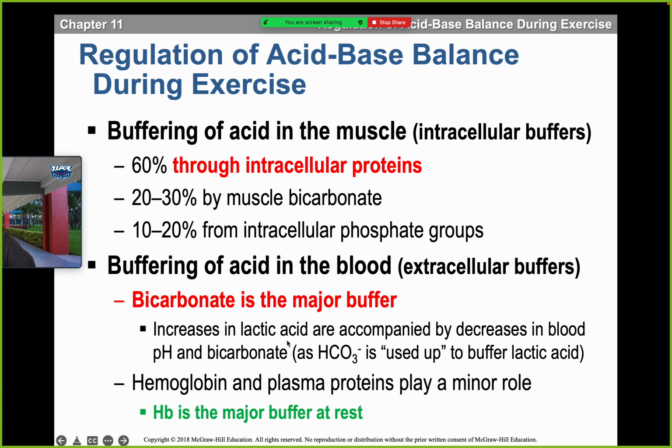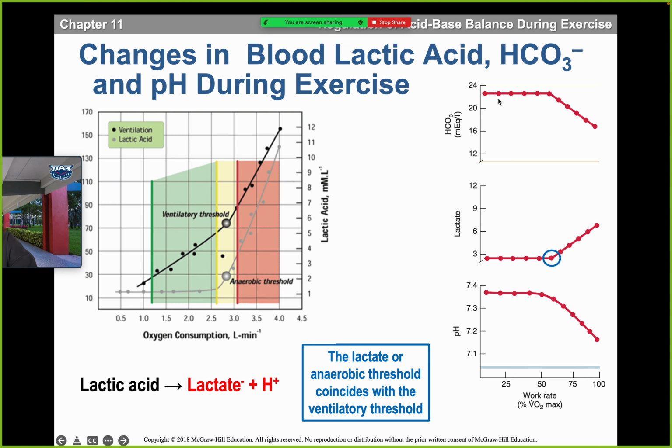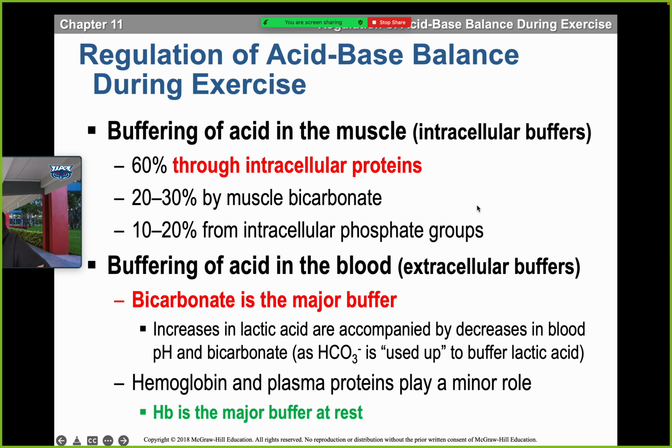Increases in lactic acid are accompanied by decreases in blood pH and bicarbonate. Basically, if we look at these little charts, when lactate levels go up, pH goes down. And what do we do with all of this acidity? Our bicarbonate comes along and buffers it. When the bicarbonate buffers it, bicarbonate levels go down, because it's used up. Pretty straightforward.